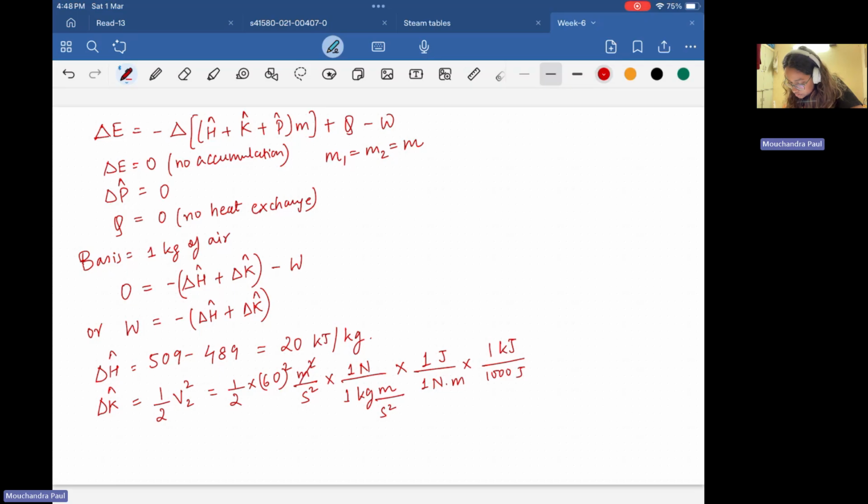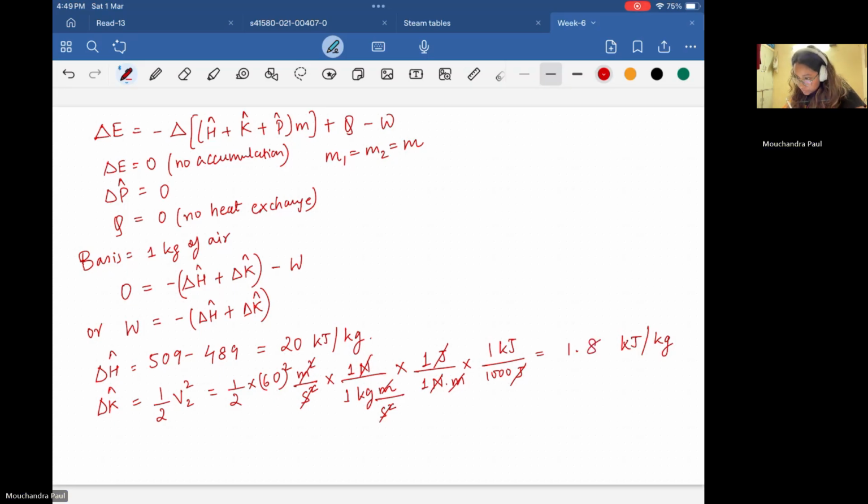So if we cancel out the common units, we will be left with kilojoule per kg, and the value will be 1.8.